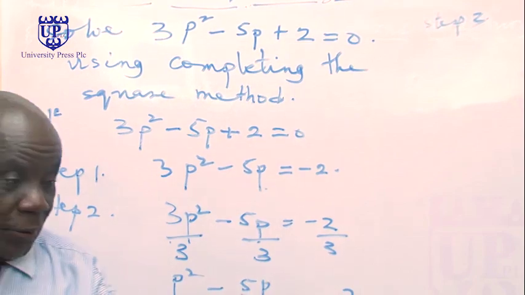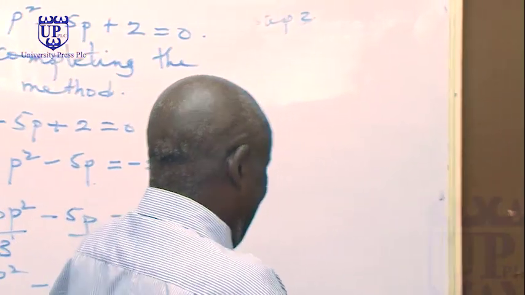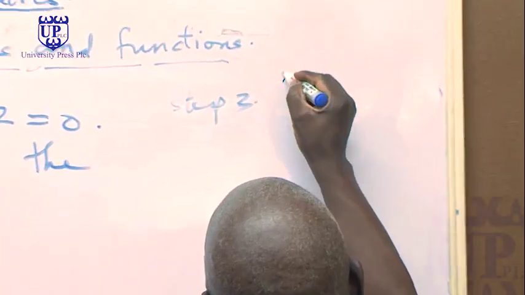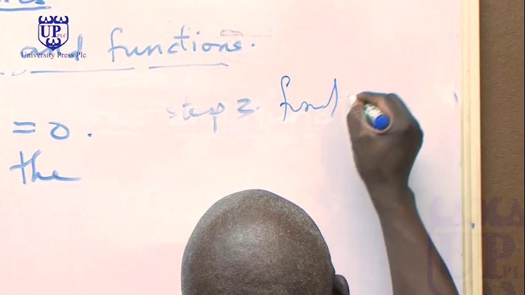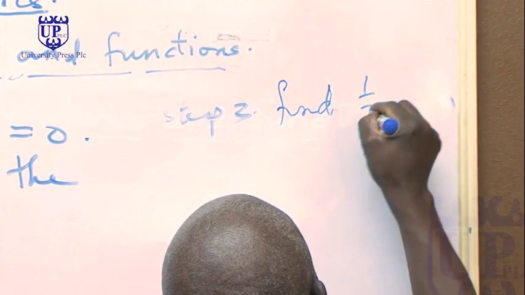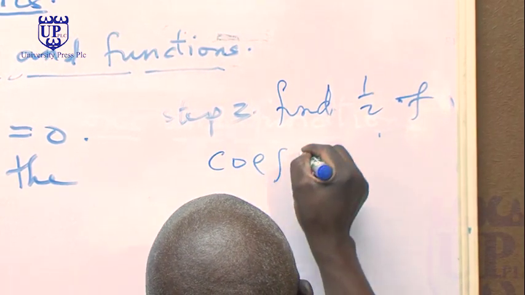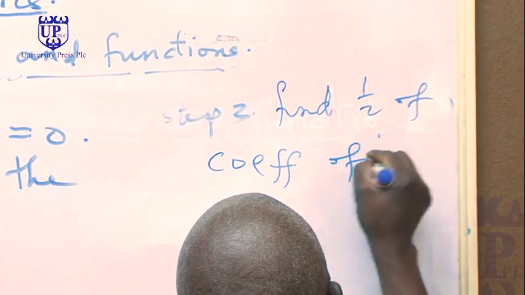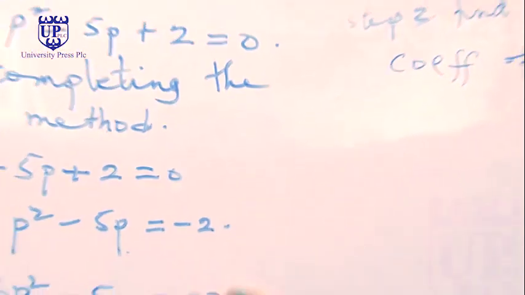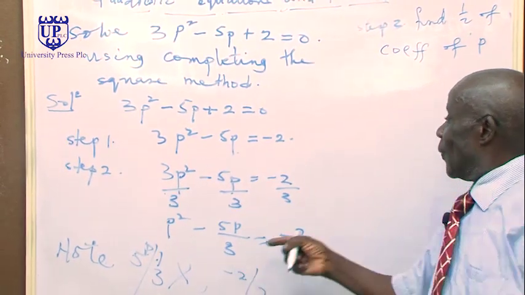Please take note. The coefficient of p is minus 5/3.